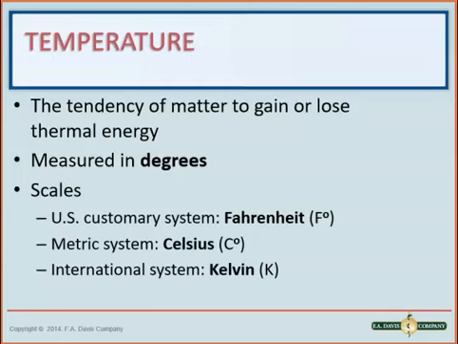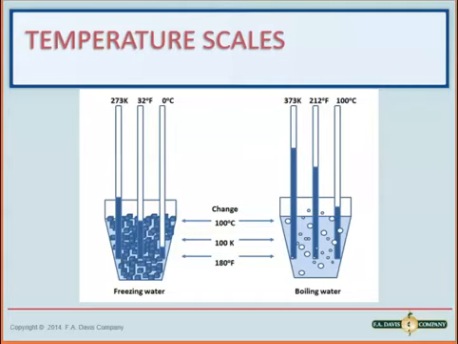In the metric system, they use Celsius, and that's usually what's used in the laboratory. And also in the international system, there is kelvins. We're not going to worry so much about kelvins, but just know that that is a temperature measurement as well.